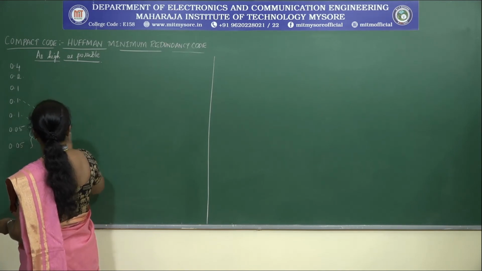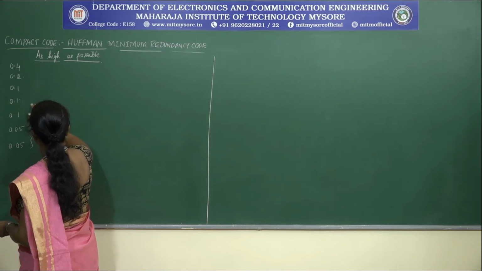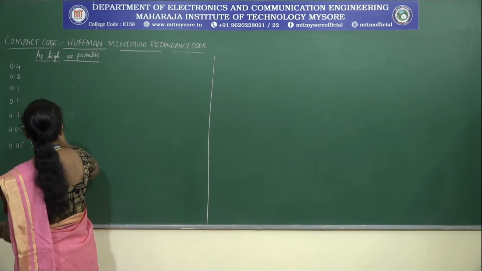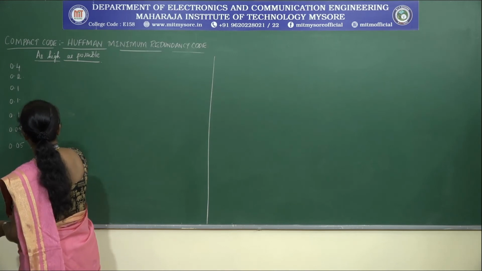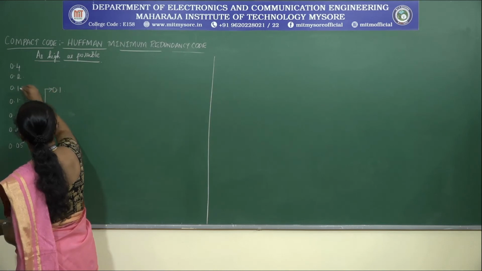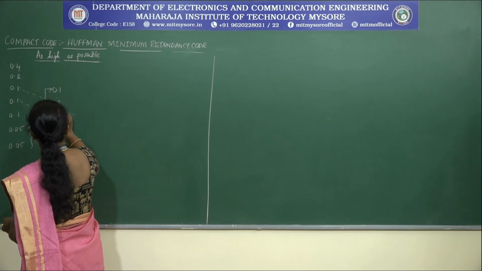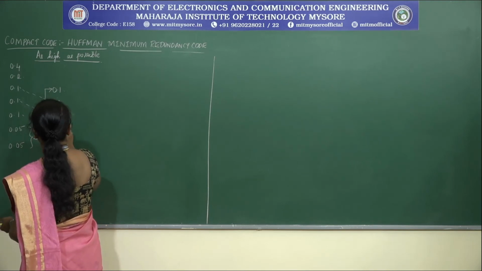So we have 0.1 and 0.1. So you need to place this here. This is your new 0.1, so place all the old 0.1 source symbols below that one.